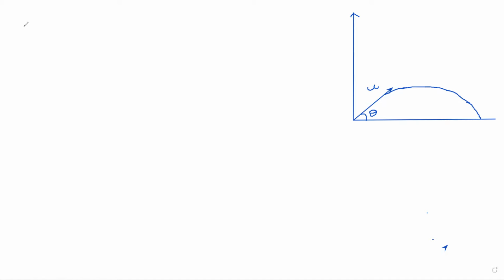So let us split the motion into x-axis and y-axis. Along the x-axis we have these components. We all know that along the horizontal in free fall there is no acceleration, so ax is 0 meter per second square.